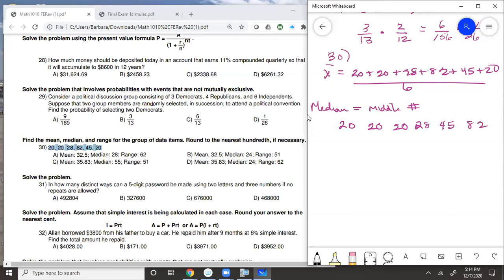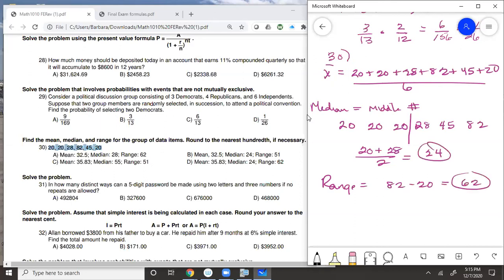And the middle is not a single number because we have an even number of values. So we have to take the average of 20 and 28, and that's going to be 24. So that's the median. And then the range is the smallest subtracted from the largest. So 82 minus 20 is 62. And then the mean is whatever you get there.